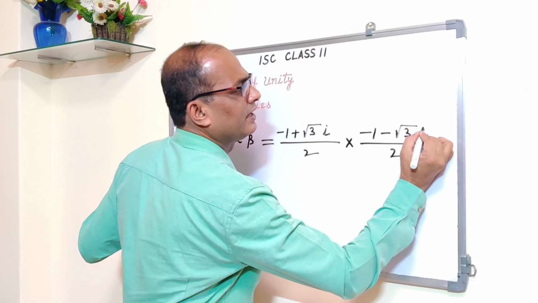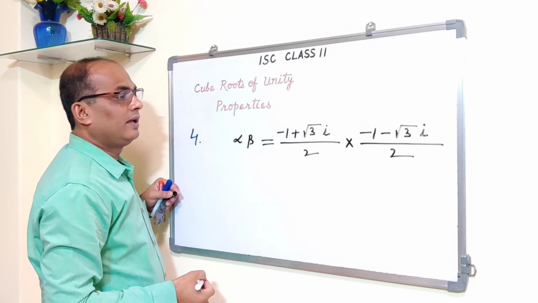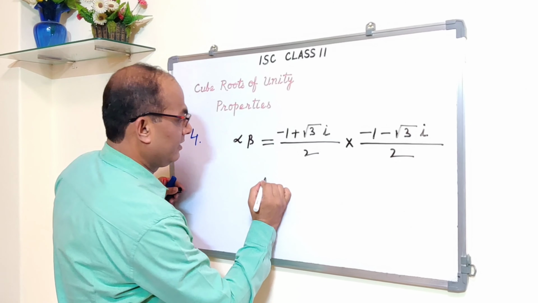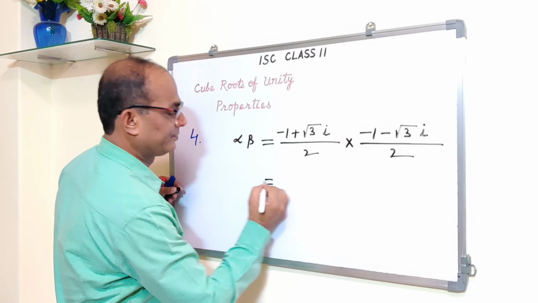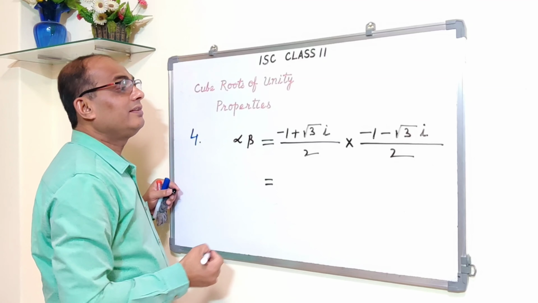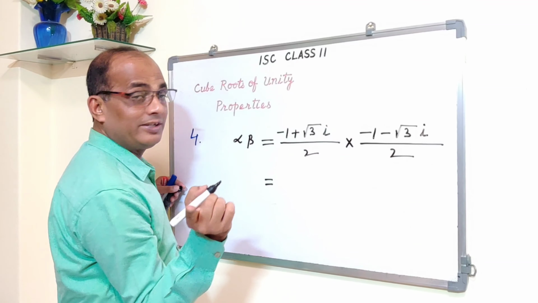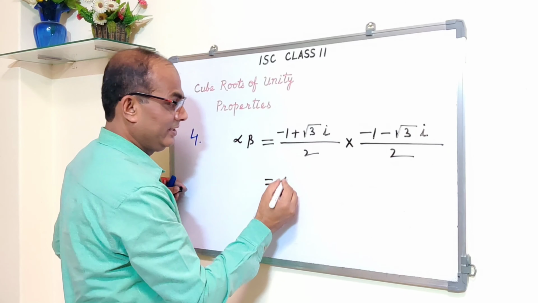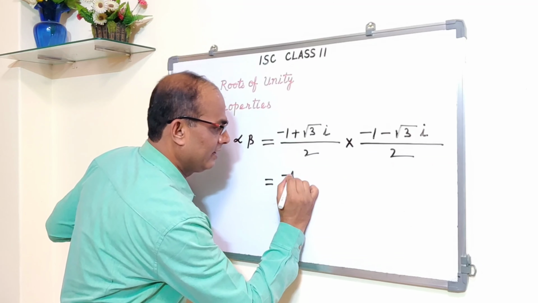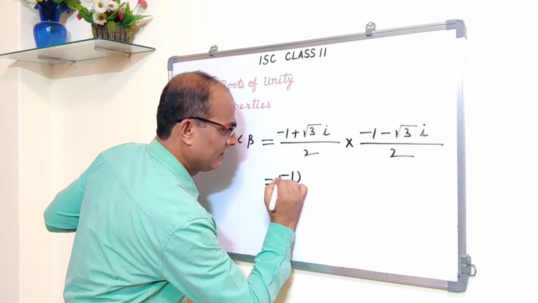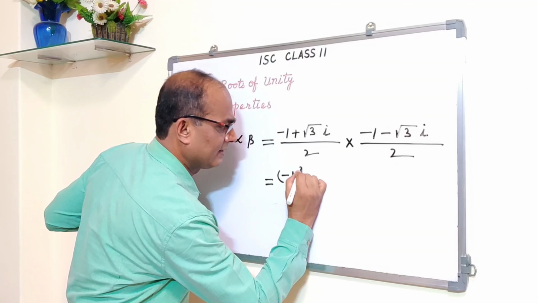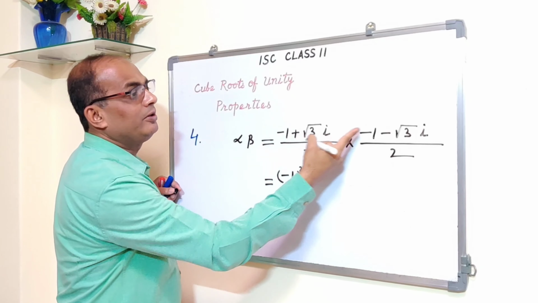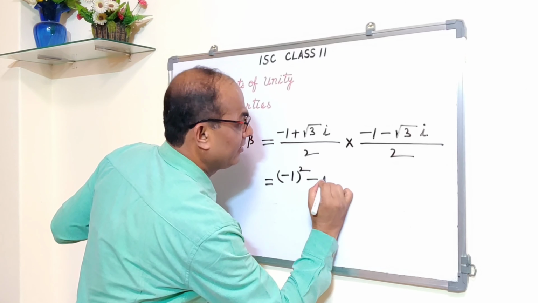Fine. Okay. Now this is equal to again a plus b into a minus b. Just now we have done the same thing. A plus b into a minus b, which is a square minus b square. That means minus 1 square minus b square.